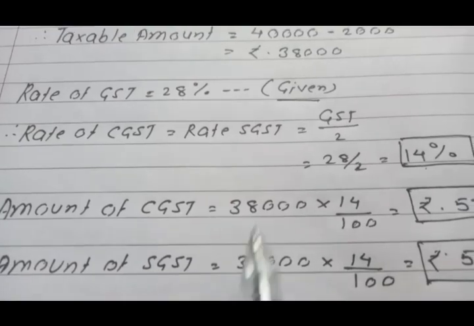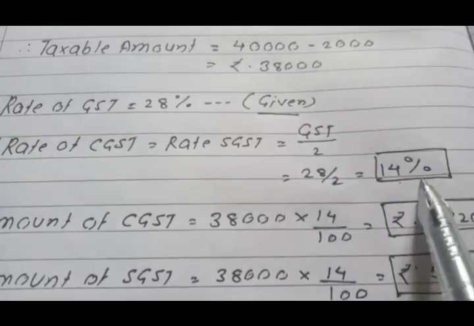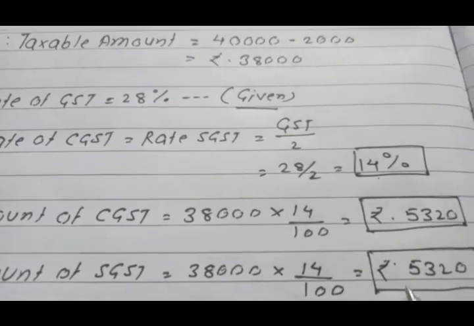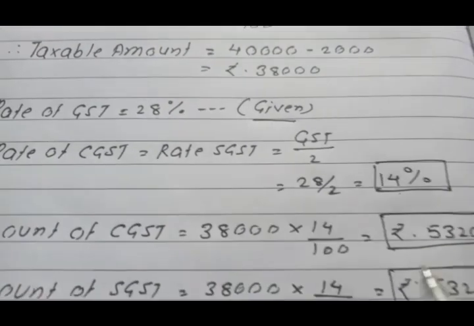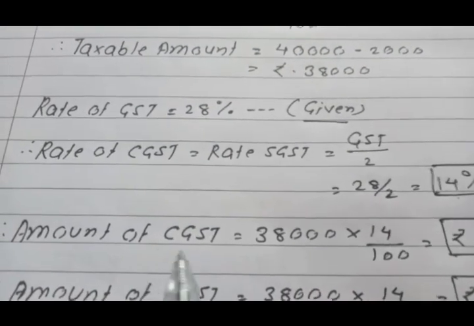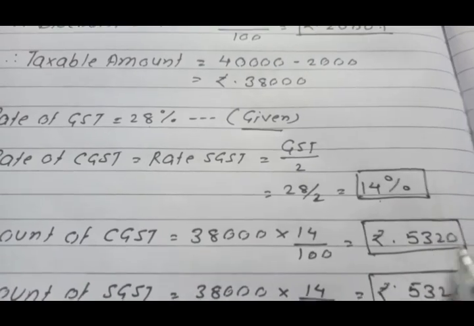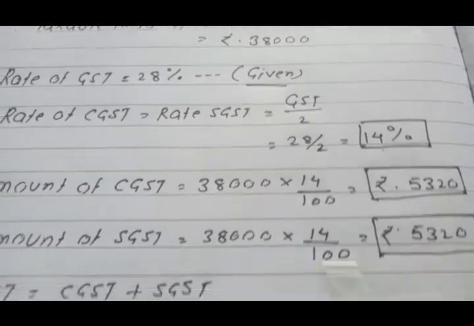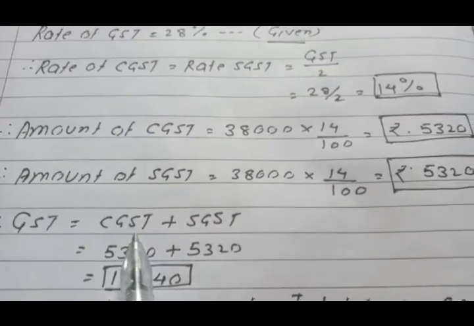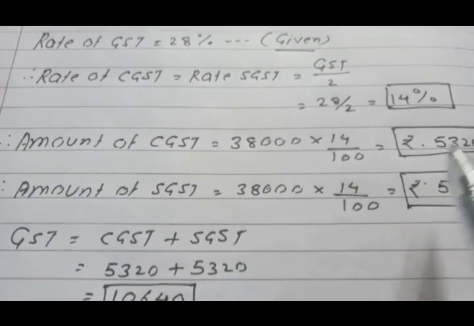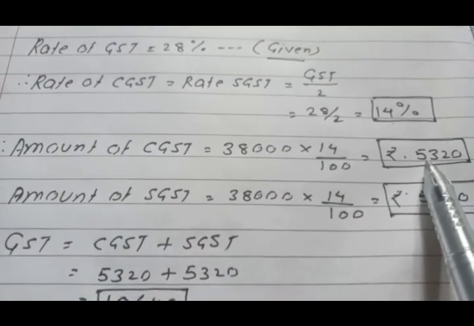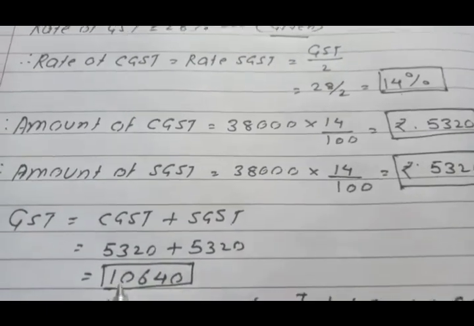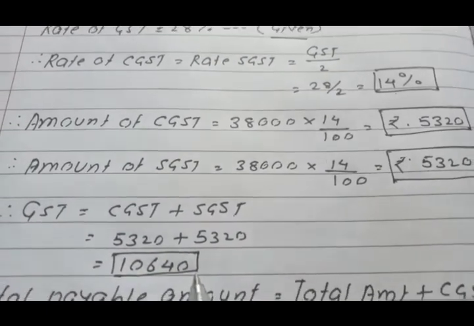Same amount of SGST 38,000 into 14 upon 100, 0 cancel, rupees 5,320. So first question, amount of CGST 5,320 and amount of SGST 5,320.